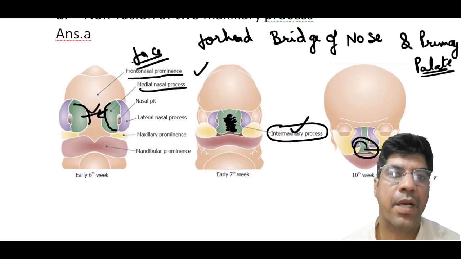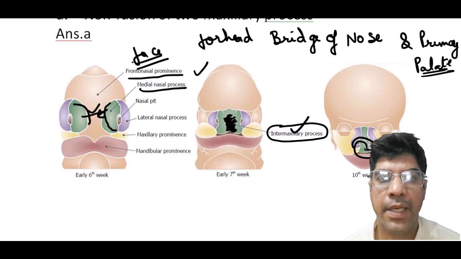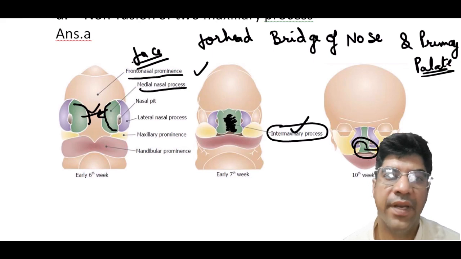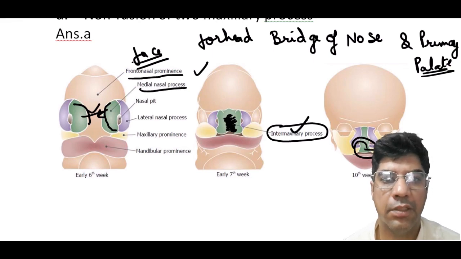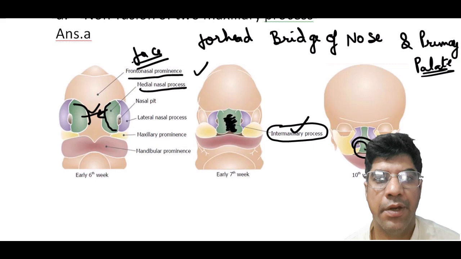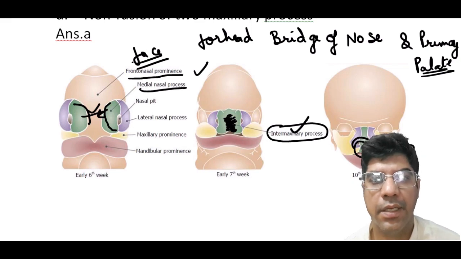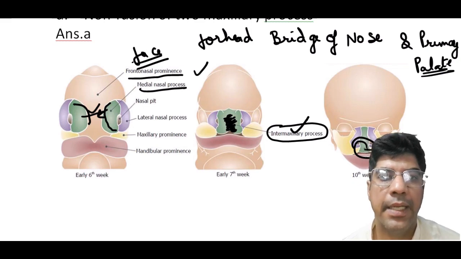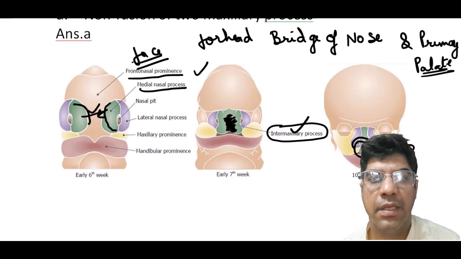So cleft lip occurs when there is a gap or opening in the upper lip, often extending into the nostril. So this gap occurs due to the incomplete fusion of the facial structures during the embryonic development. Typically the intermaxillary process that fails to merge.